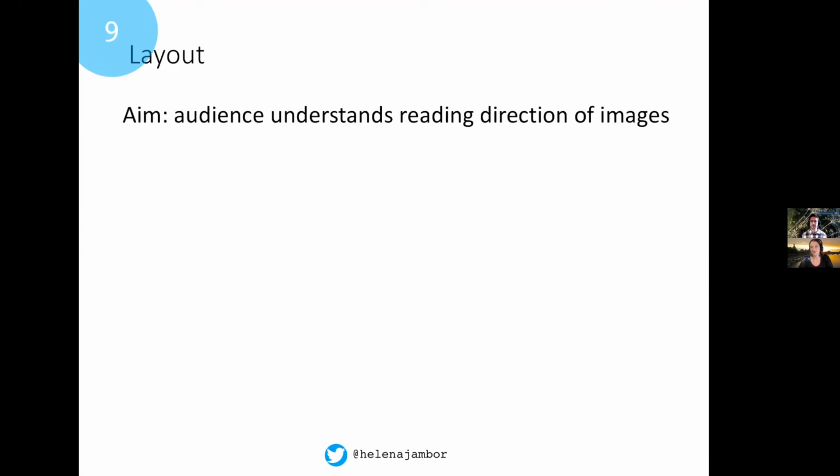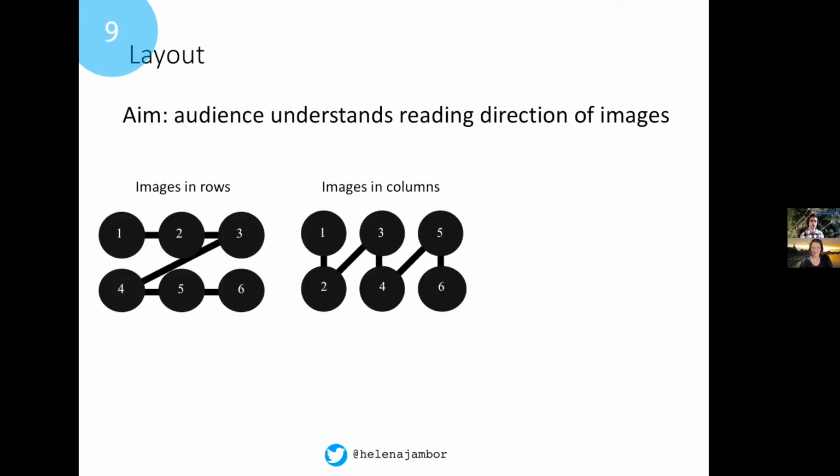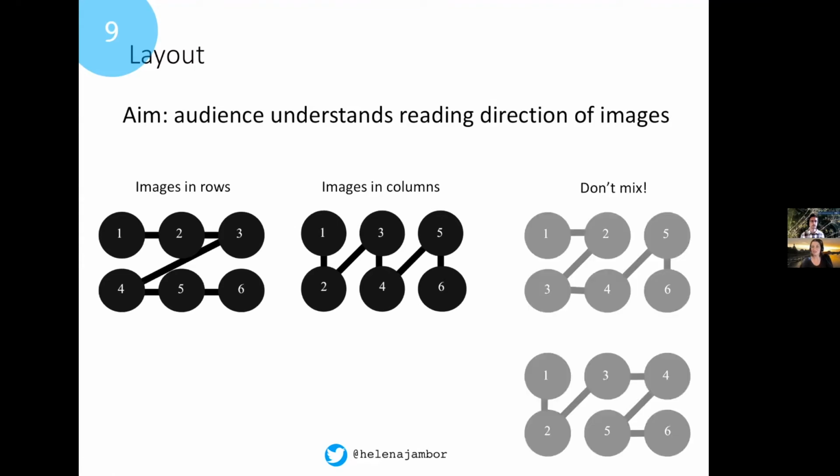So the aim for layout is always that your audience really understands the reading direction of the image, so that, like in a text, there is a flow in which the reader can go through an image panel. Two fantastic layouts that are nice and easy to read are that images, or images mixed together with charts, whichever is your final figure, are presented in either rows or columns, and that you then go through either one or the other, and try to avoid mixing a row and column layout.